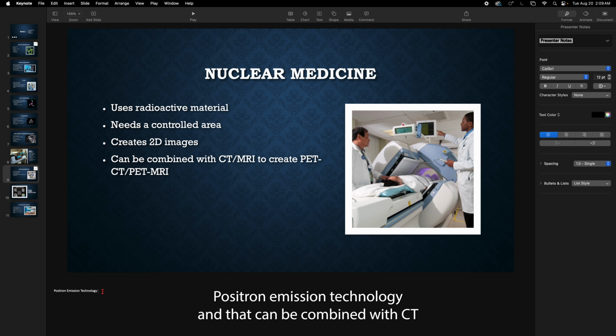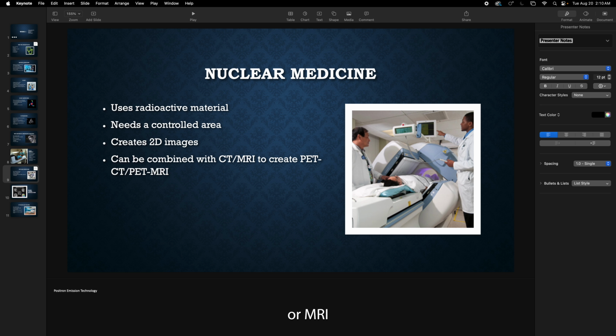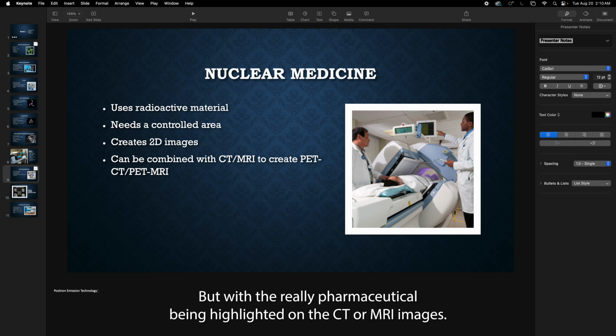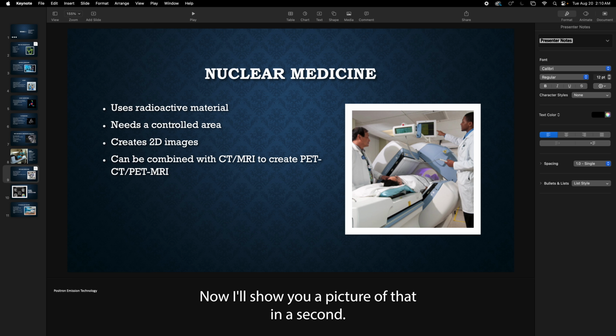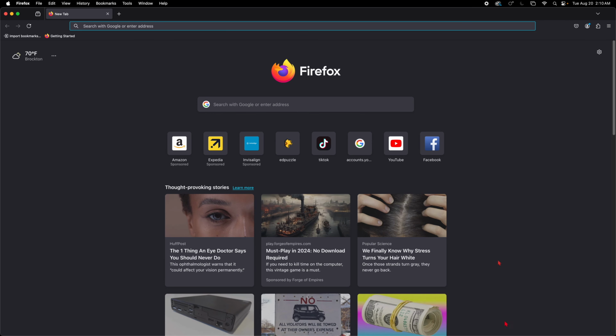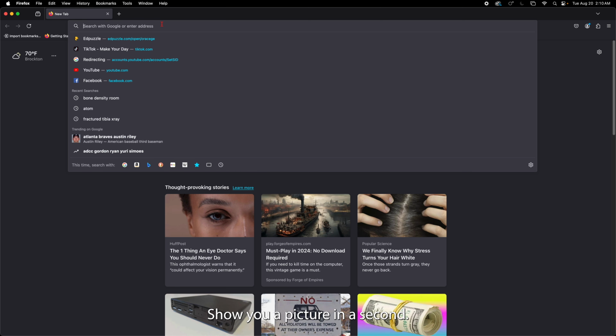And that can be combined with CT or MRI to give us CT images, but with the radiopharmaceutical being highlighted on the CT or MRI images. And I'll show you a picture of that in a second.